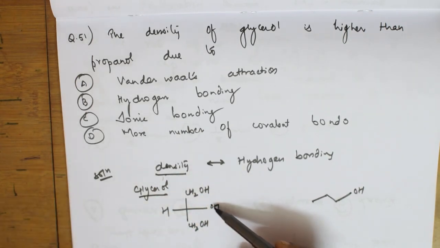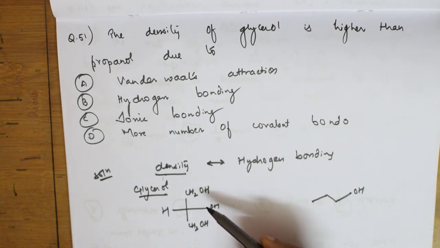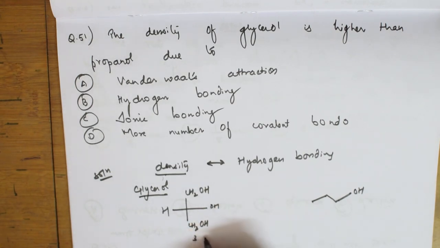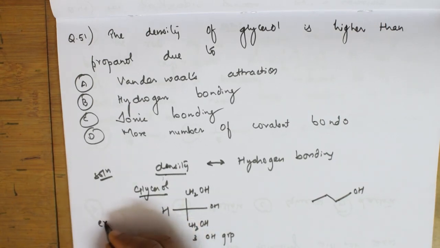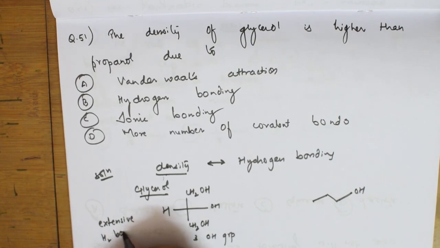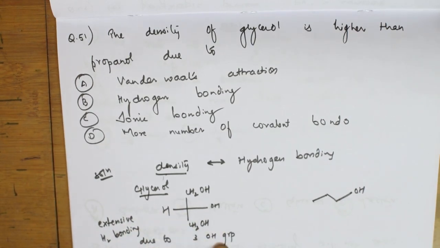How many OH groups are here? 3. If 3 OH groups are present, it can form hydrogen bonding from 3 sides. So in glycerol, extensive hydrogen bonding is there due to 3 OH groups.